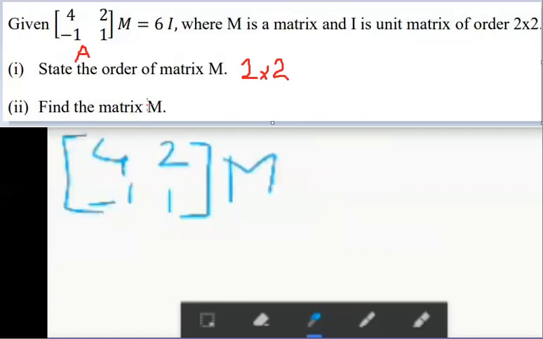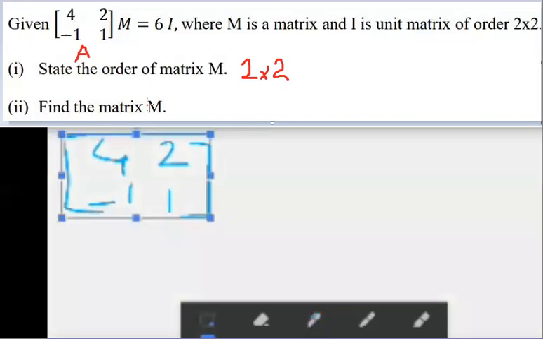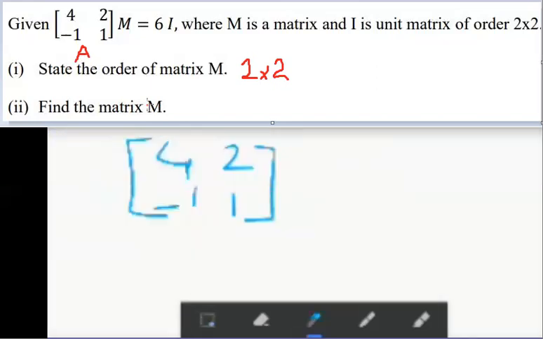So the first thing that comes to my mind is that M will be some form of the inverse of this matrix. I've already called this matrix A, so can I find its inverse? This matrix will have an inverse if its determinant is non-zero. So let's find its determinant first of all.